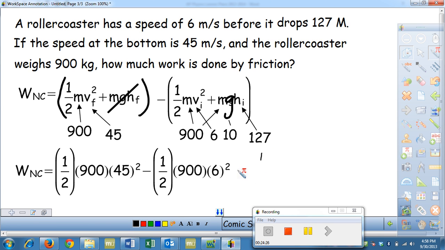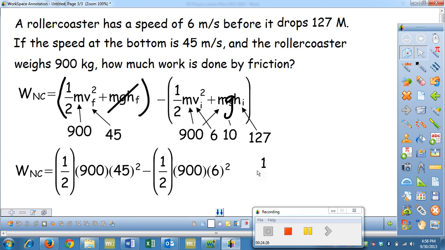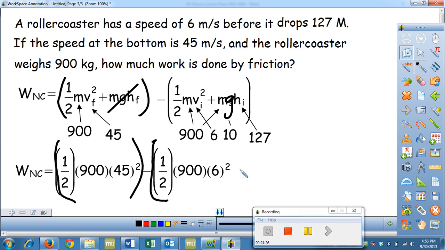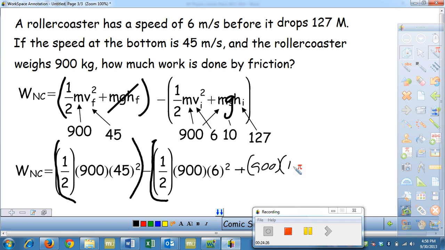Okay, there's supposed to be another parentheses around this, like that, and perhaps a parentheses around this, plus 900 times 10 times 127.